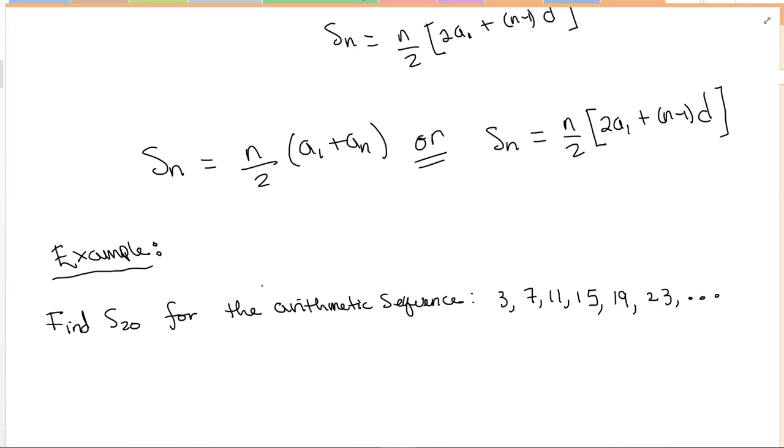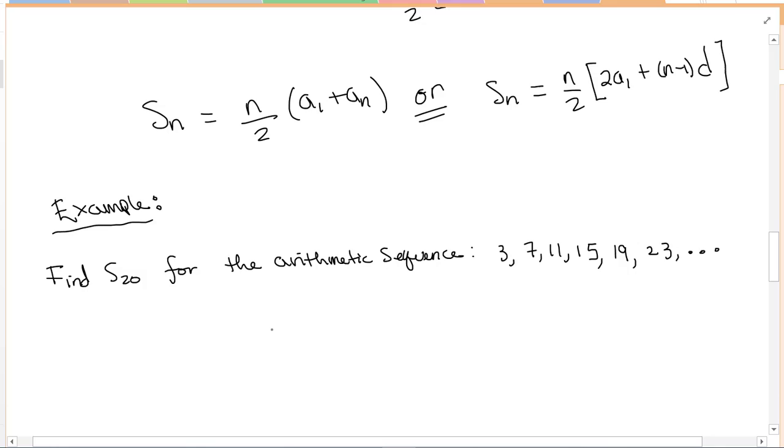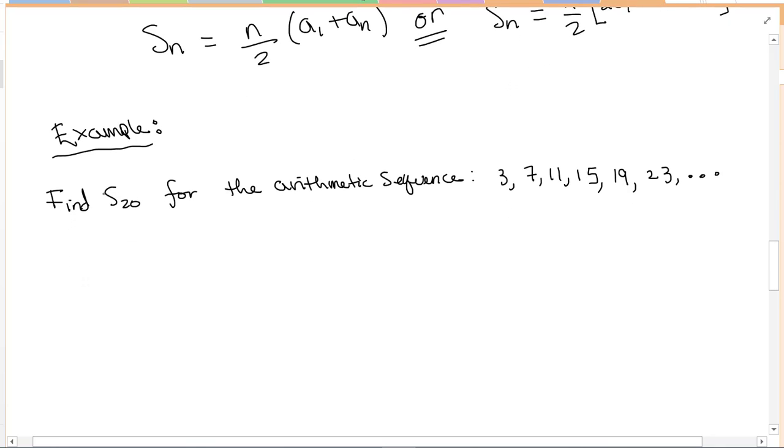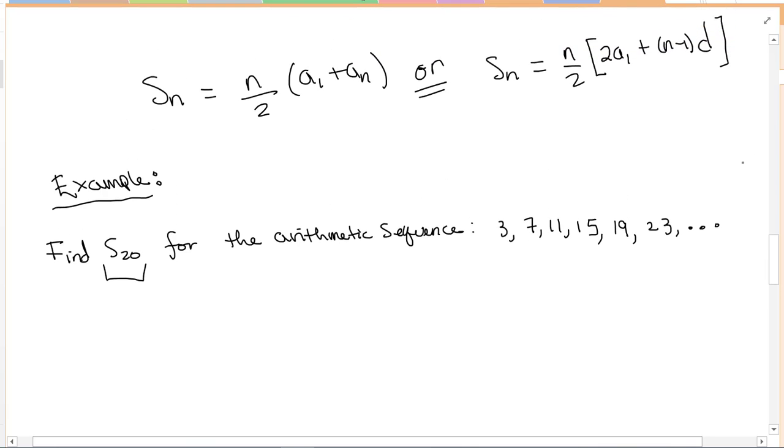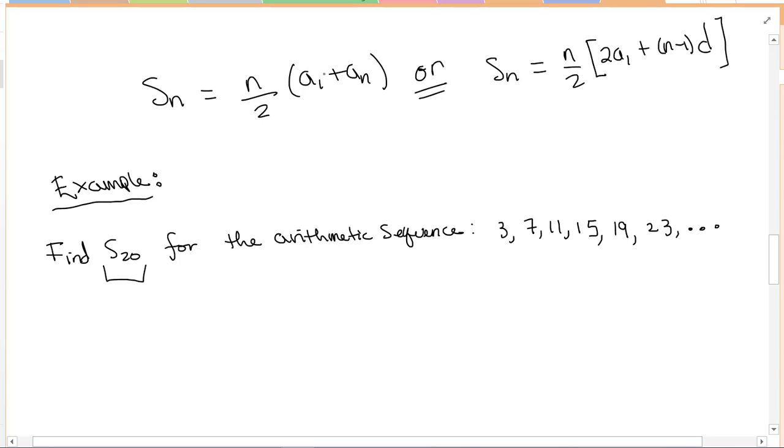So for this example, we're asked to find S20, the sum of the first 20 terms of the arithmetic sequence 3, 7, 11. So notice that it just goes dot, dot, dot. So we don't know the 20th term. So I can't use the first formula because I don't know a sub 20. So I'm going to use the second one because I do know a sub 1.